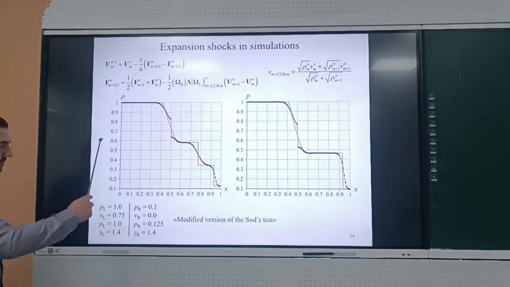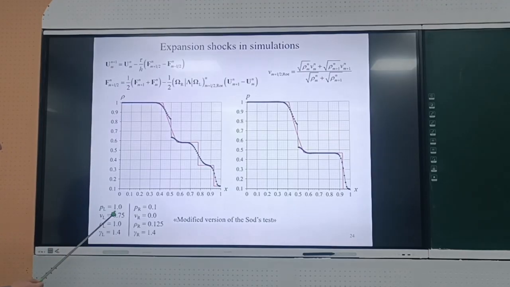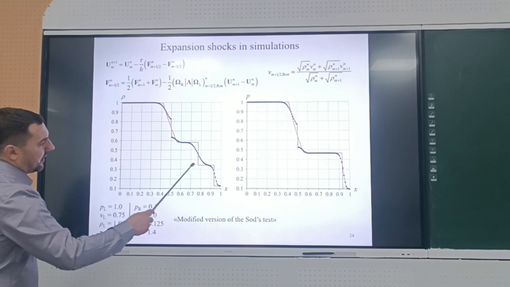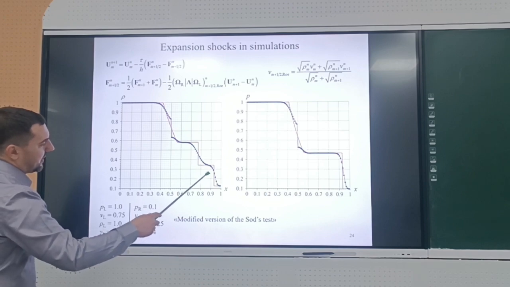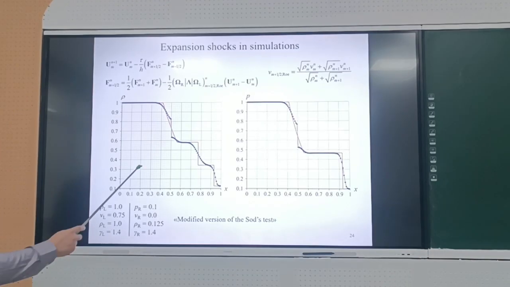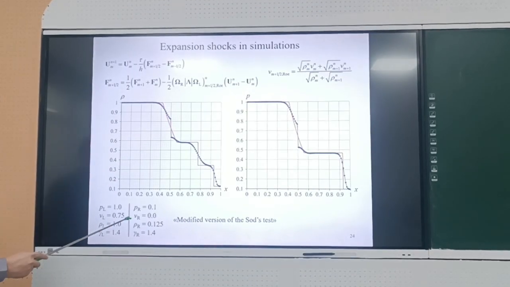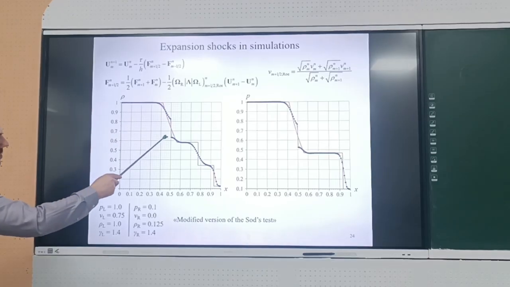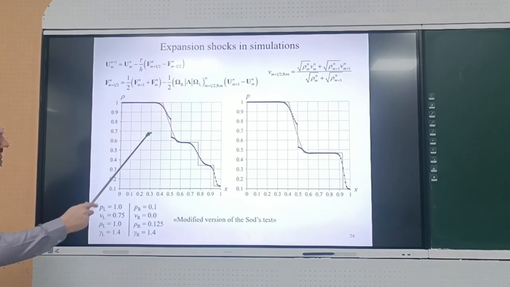For this test, the exact solution looks as follows. We have a shock wave propagating to the right, a contact discontinuity propagating to the right, and the reflection wave. And this Roe scheme provides so-called expansion shocks.